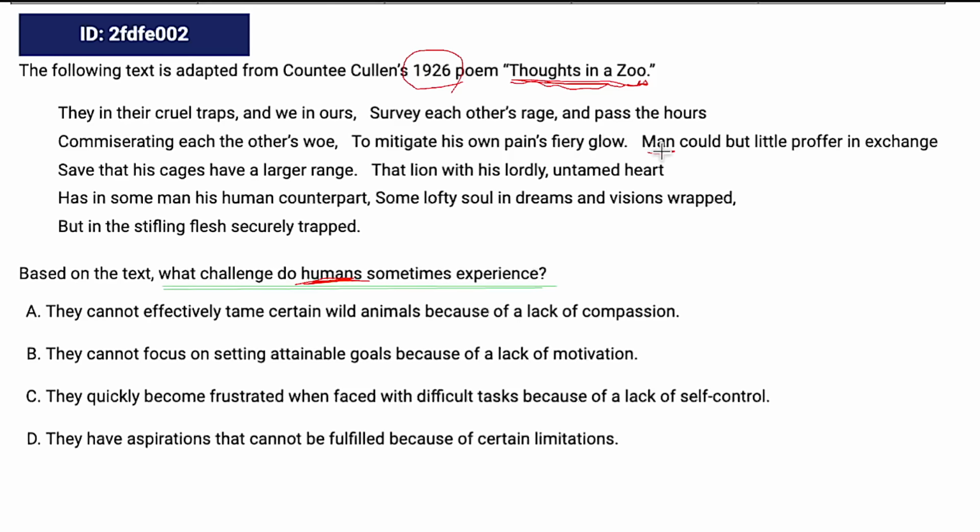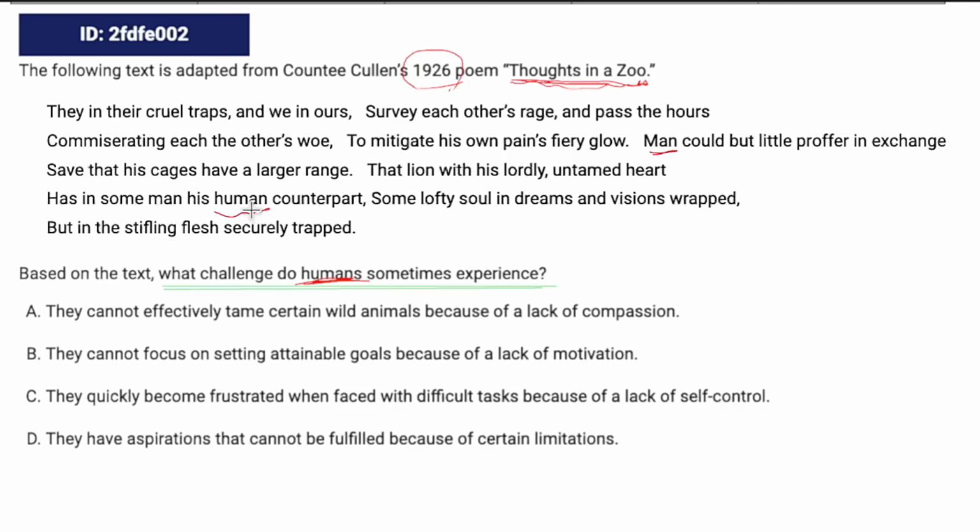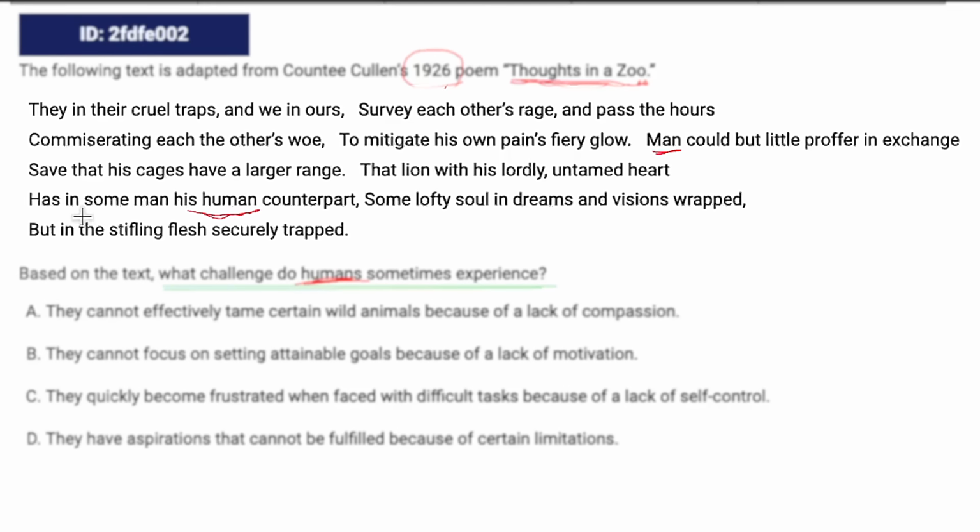I see man here. I see human here. So let's pay attention to this human part. It's connected here. So the lion with his lordly untamed heart has in some man his human counterpart, some lofty soul.